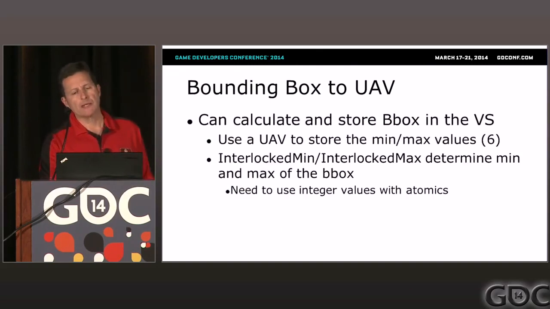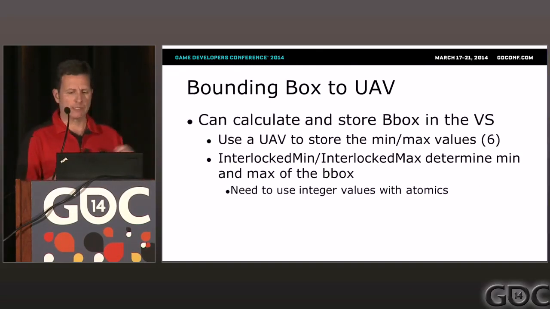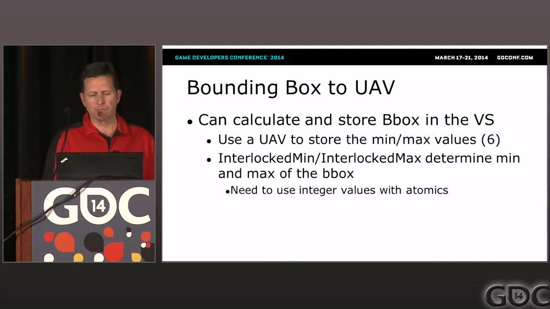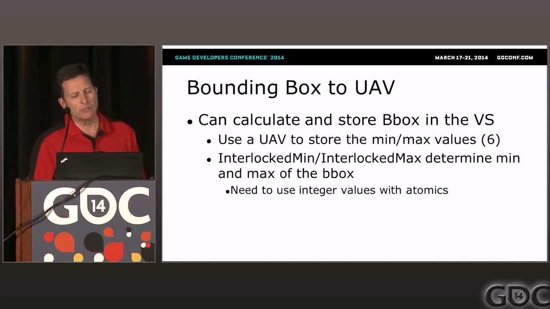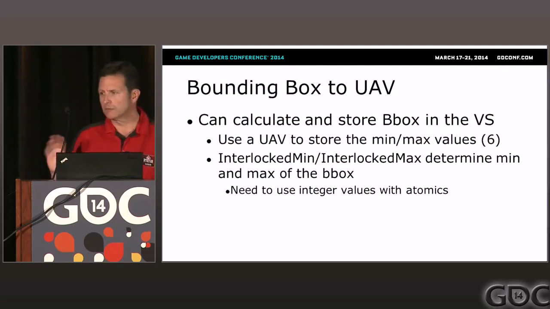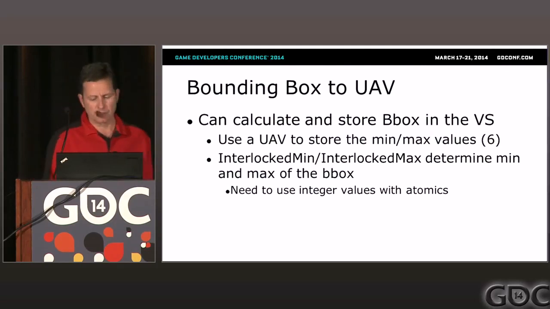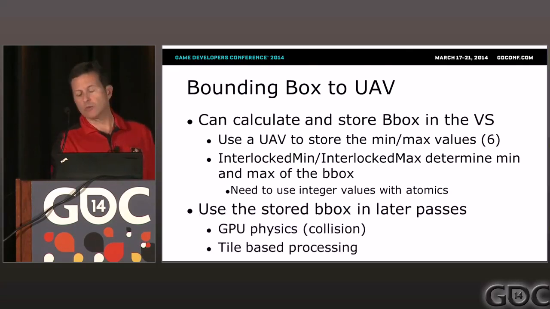You can calculate the bounding box extents in the vertex shader and then just use a UAV, a very small UAV, which stores the bounding box. One thing you have to do, because everything's running in parallel here, you need to use atomics. I used interlocked min and max to determine the min and max of the bounding box. And one note there is you use integers for that.